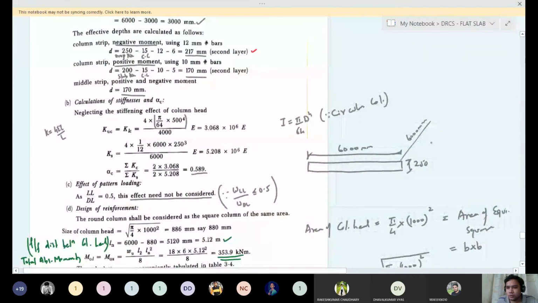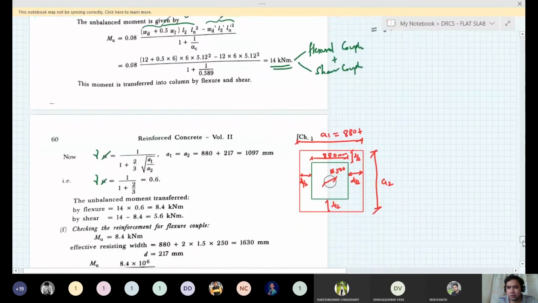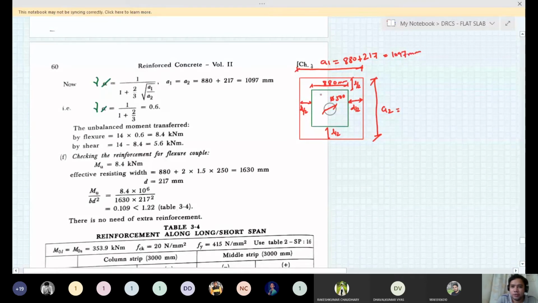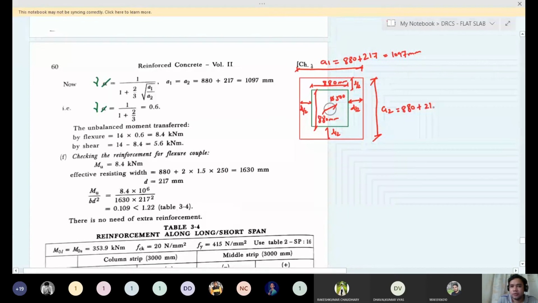So 880 plus 217 will be 1097 mm, and this will also be the same because this width is also 880 mm, so it will also be 880 plus 217 equals 1097 mm.